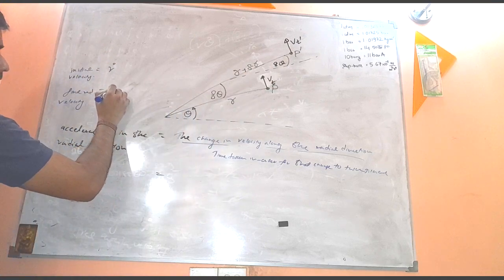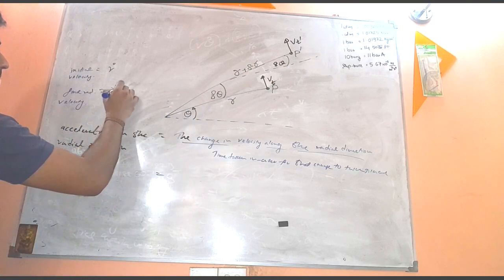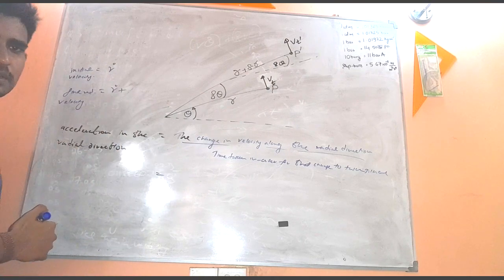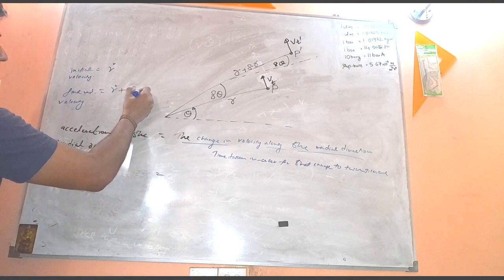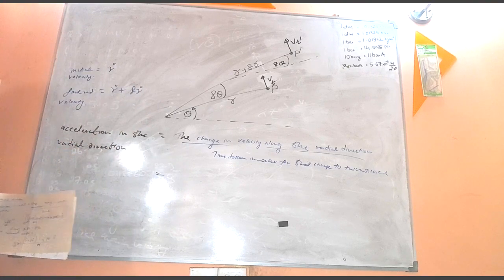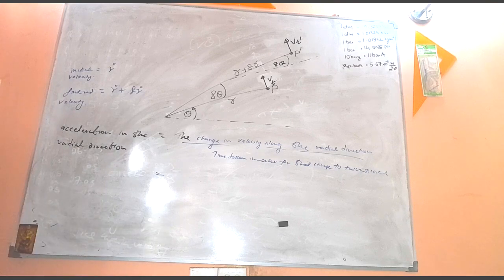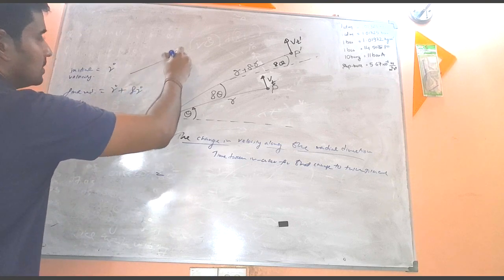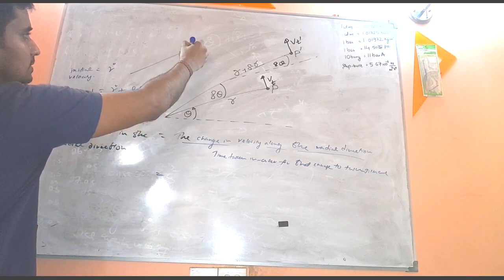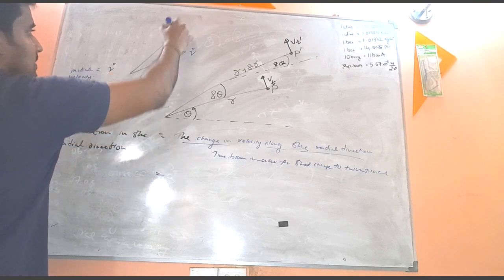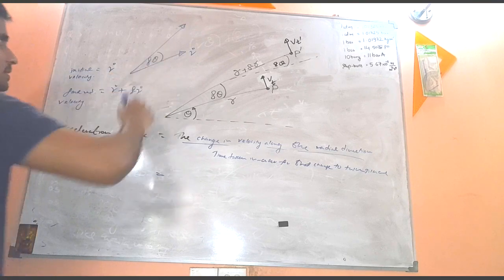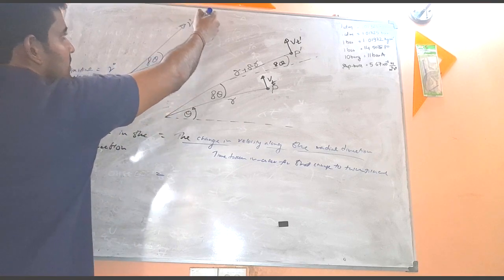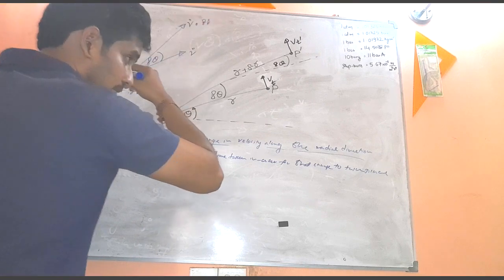That is, let's call it r theta plus some change, delta r theta, right? You got it? Okay. So if I sketch it like this, now this is the original direction, R, and this is the final direction, which is making an inclination of delta theta. So that is R theta plus some change delta R theta.